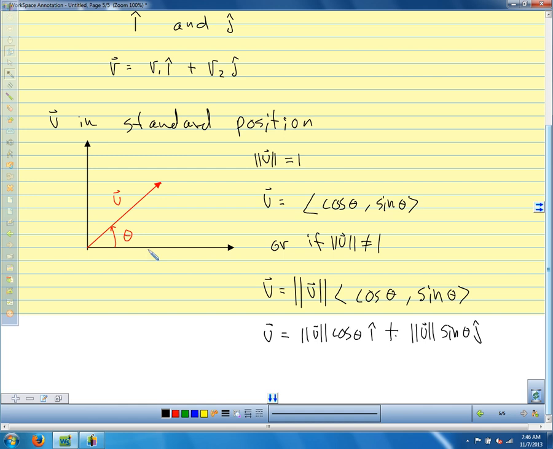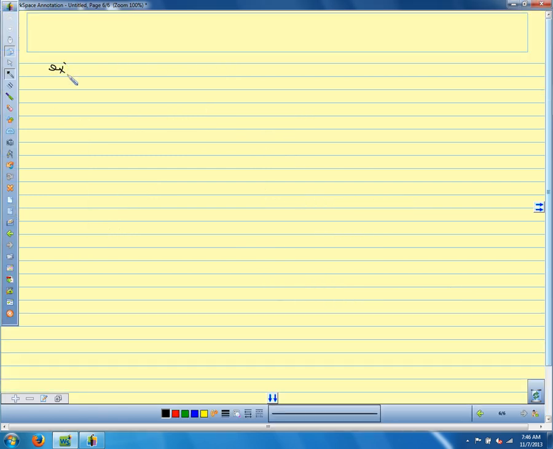All right, so let's look at a quick example of this idea, and then we will just have a couple more things to add for today, and then we'll be done. So let's say we have a vector v with magnitude 3, and it makes a 30-degree angle with the x-axis.